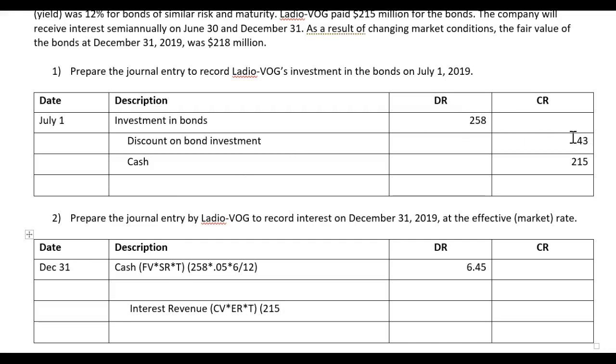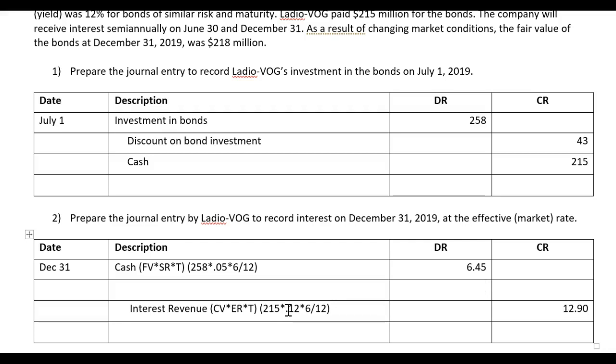We have a debit and a credit, so those are going to net down to the 215. So we're going to take that 215 and multiply it by, again, the effective rate, the rate that this bond is supposed to yield, and that's going to be a nice 12%, and then we're going to multiply that by 6/12 again. Since this is a 6-month bond, that's half a rate, so you could just take 215 times 6%. When you multiply that out, you're going to end up with 12.9.